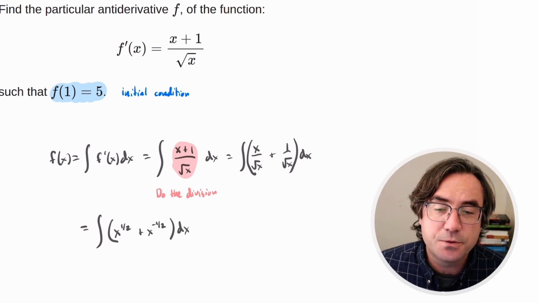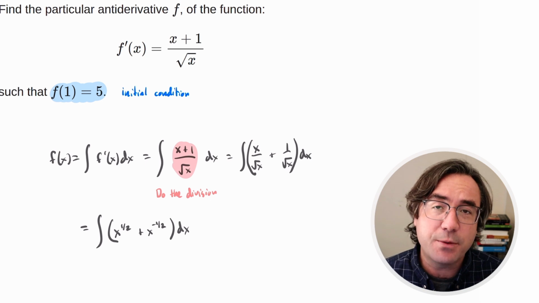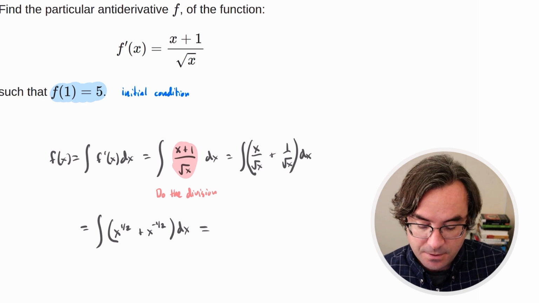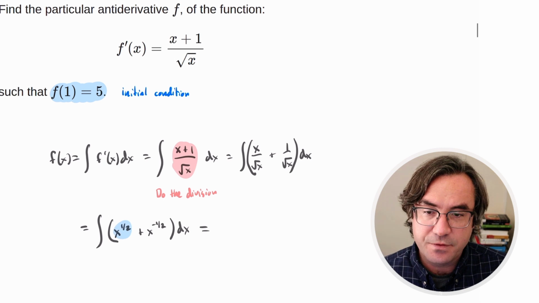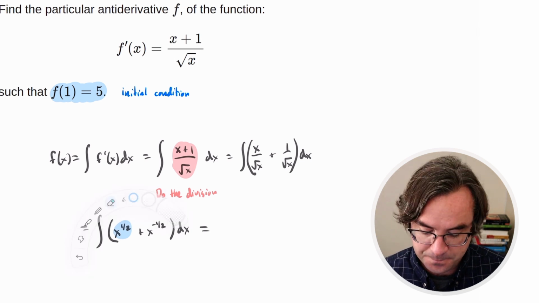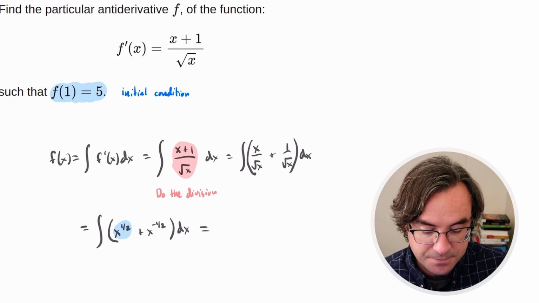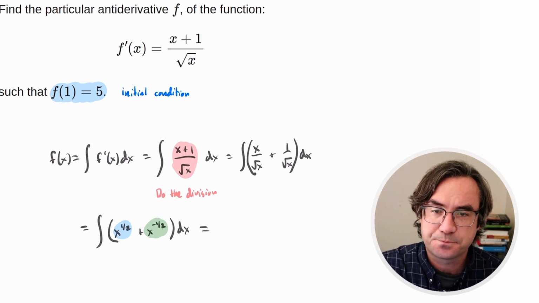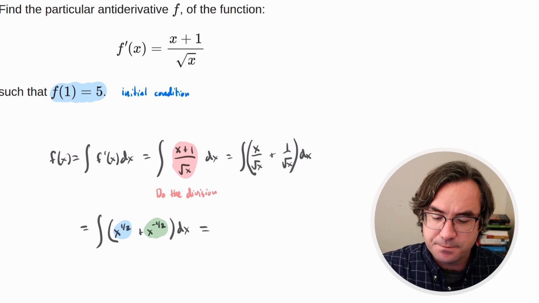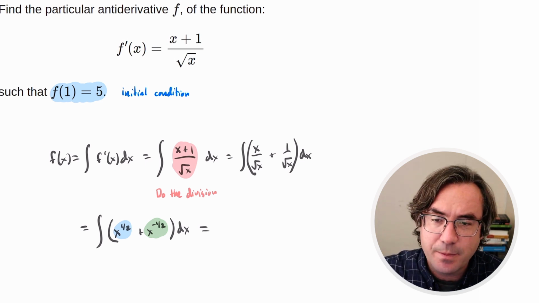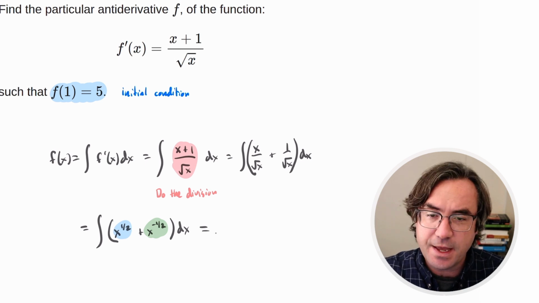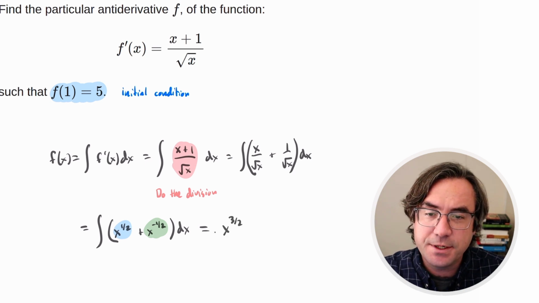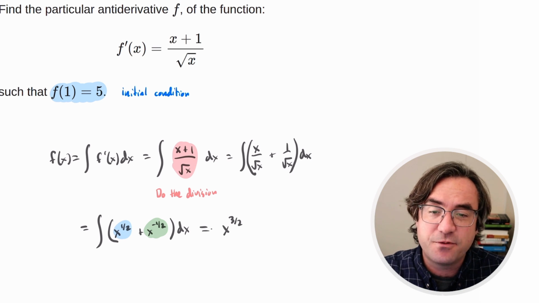We've gotten each of those as a single power function now, so we can just use our regular power rule. For the first term, we've got our x to the 1/2 here, and we've got our x to the minus 1/2 here, and we just want to find the antiderivative of these. So we're going to do our power rule for each. For the x to the 1/2, we write down x, add 1 to the exponent, and then take that new exponent and flip it and put it in front.